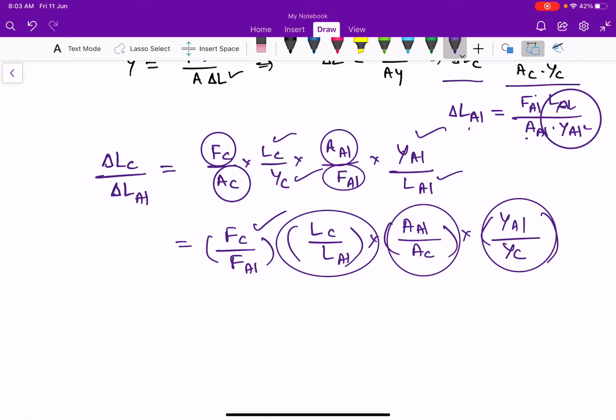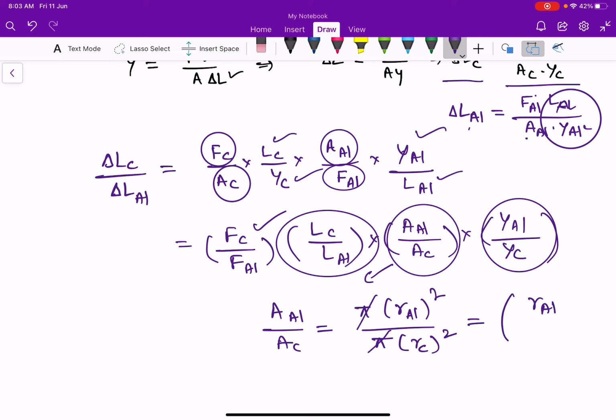Area of aluminum to area of copper is equal to pi r square divided by pi r square, radius of copper whole square. Pi cancels, so it is radius of aluminum to radius of copper whole square.